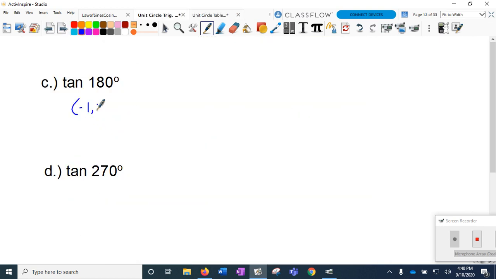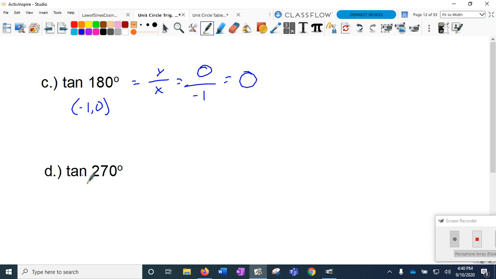The y value is 0. The x value is negative 1. What do you get when you take 0 divided by negative 1? You started with 0, you divide it up, you still got 0. So anytime 0 is in the numerator, you get 0 as an answer.